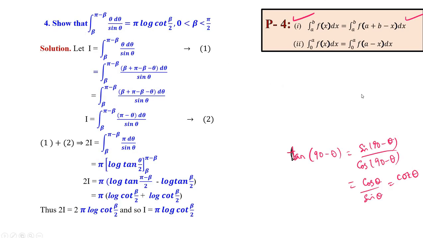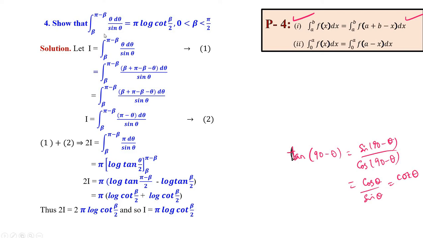Now the next one; again here too we make use of the first subdivision. You are given integral beta to pi minus beta, theta d theta by sine theta, is pi log cot beta by 2, with beta taking these values.